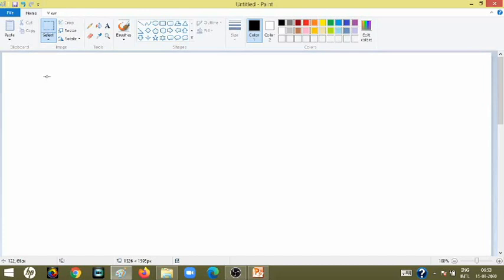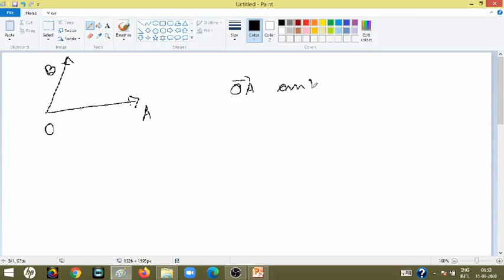Now if we discuss, this is A and this is B. Now the vectors OA and OB are called co-initial vectors.